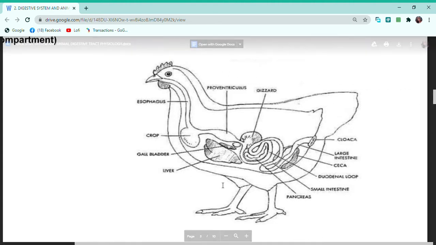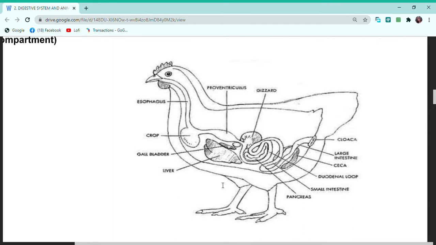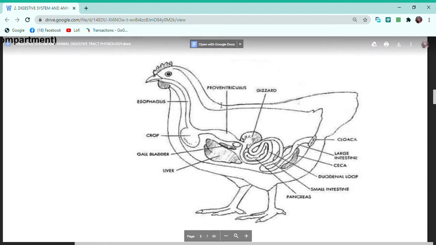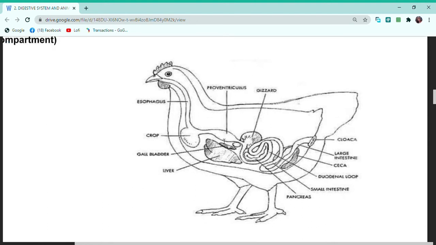And the stomach of poultry has 2 parts. Okay, this is the gizzard and the proventriculus. Okay, the gizzard, this is the muscular part that performs function of the mammalian teeth and the churning action of the gizzard and grit it contains grind feed into smaller particles.